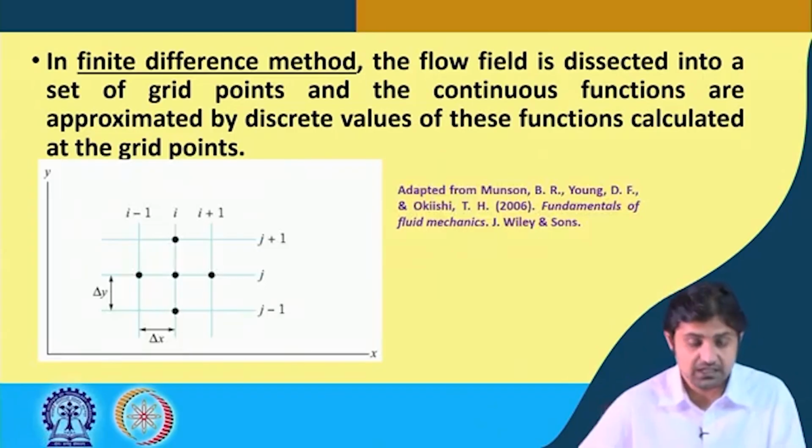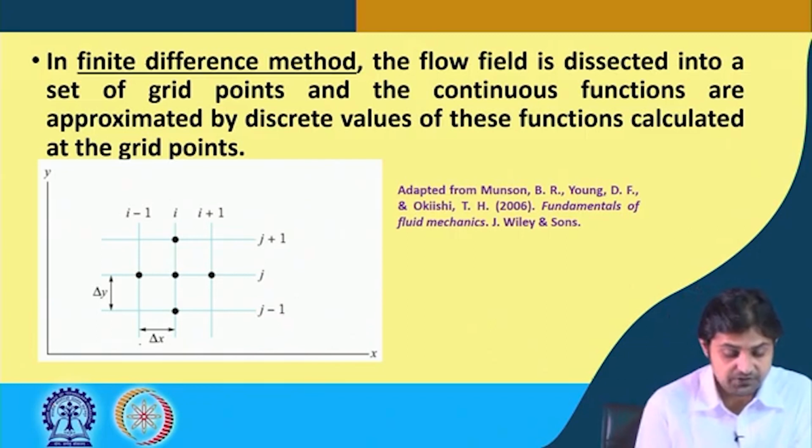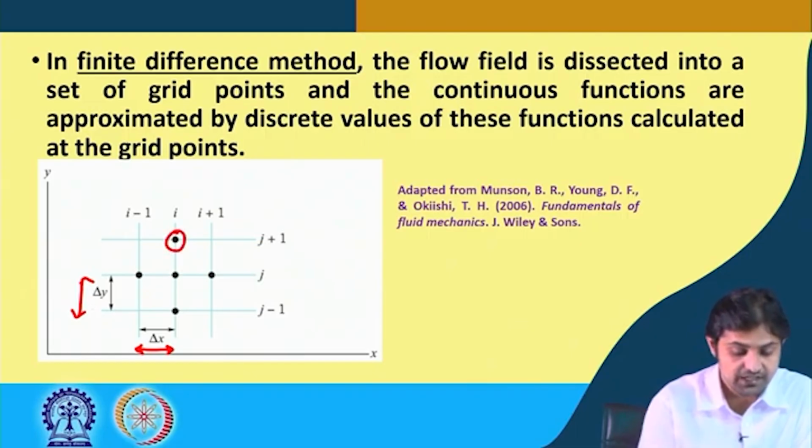This is the thing that I was trying to explain. So, if this is the Δx, the mesh size, or grid Δy. So, this method is called the finite difference method. If this is i plus 1, this is i minus 1. Suppose this point is (i, j).